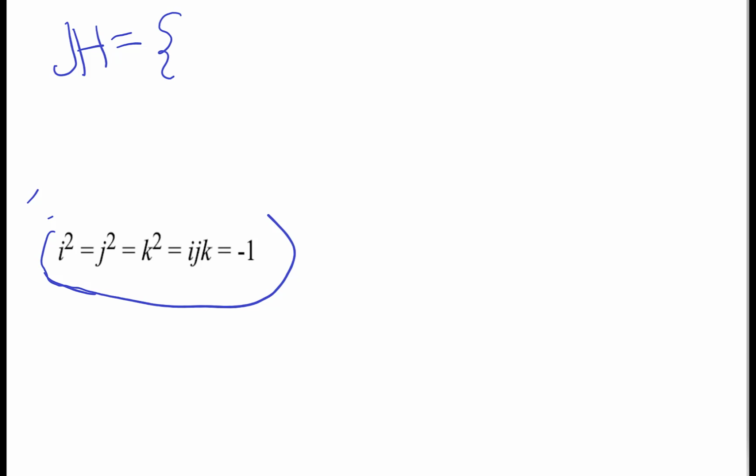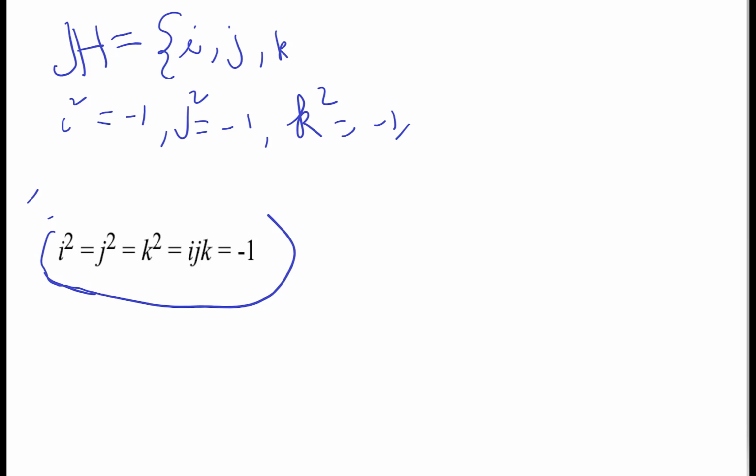So we will take i, j, k, and i squared is -1, j squared is -1, k squared is -1. All right.